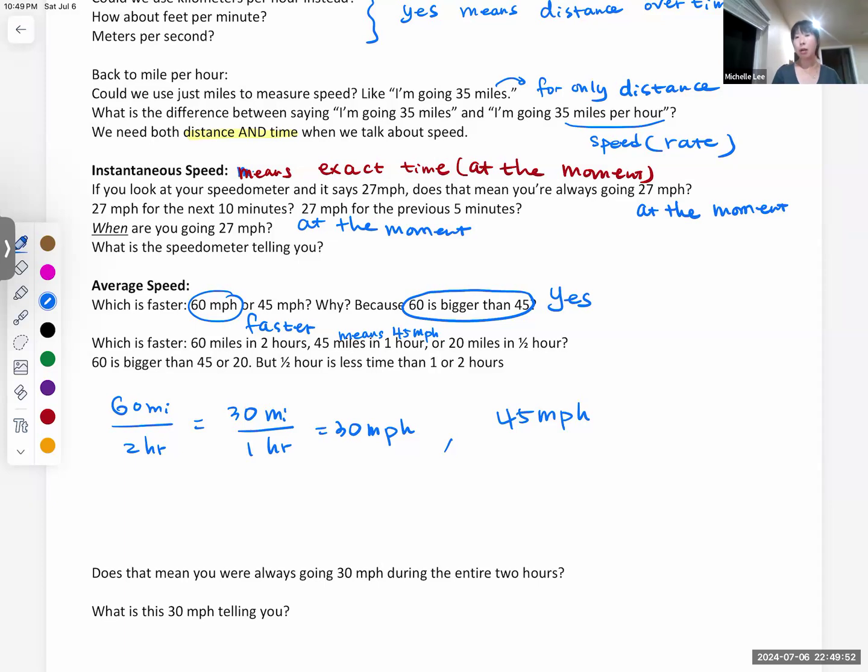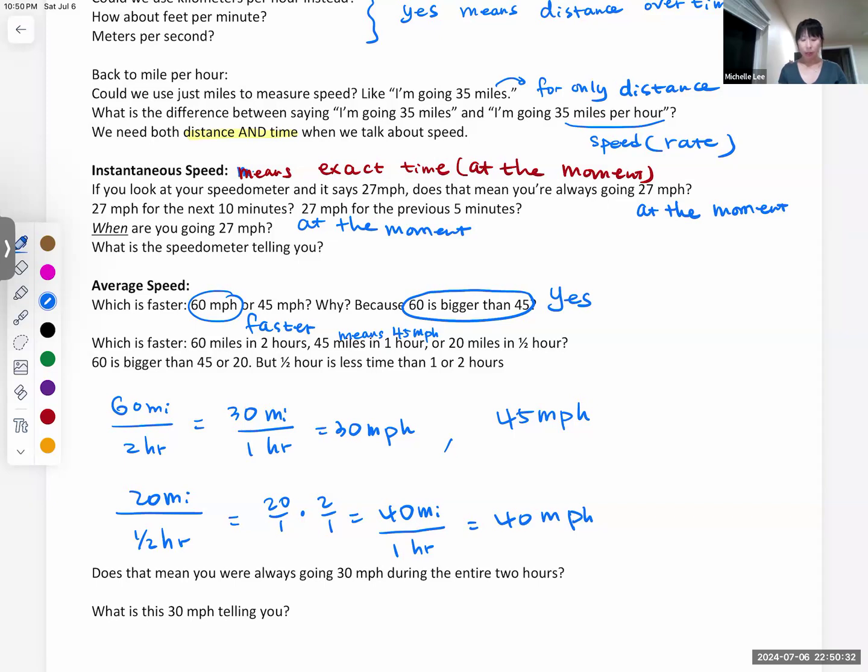How about 20 miles in 1/2 hour? If we have a fraction divided by another fraction, we multiply by the reciprocal of the second fraction, 2 over 1. So that will be 40 miles in 1 hour, which is 40 miles per hour.